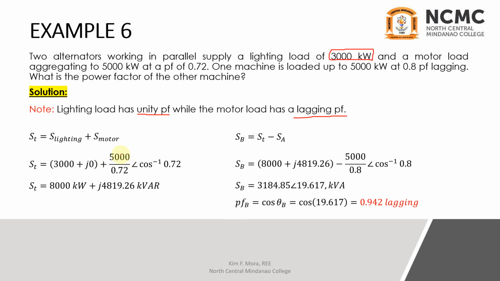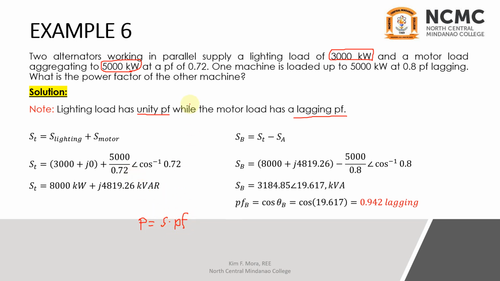Then for the motor, we have 5,000 kilowatts divided by our power factor. The formula is power is equal to S times PF.